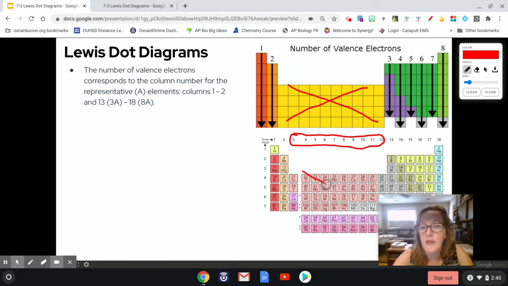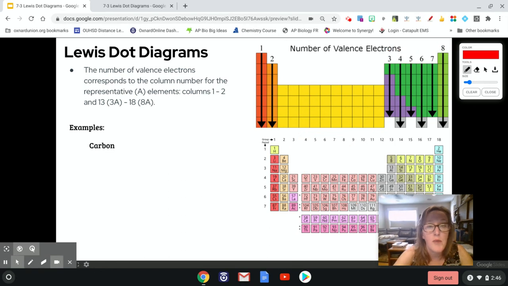I don't count those. And then when I get to column 13, it can really be considered column 3. Sometimes on a periodic table, it'll say 3A. But here we are, 3, 4, 5, 6, 7, and 8. And that's going to help me remember how many valence electrons those elements have.